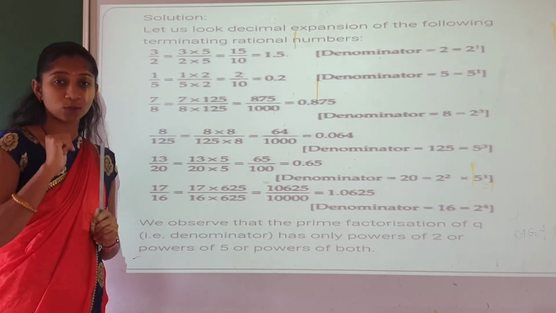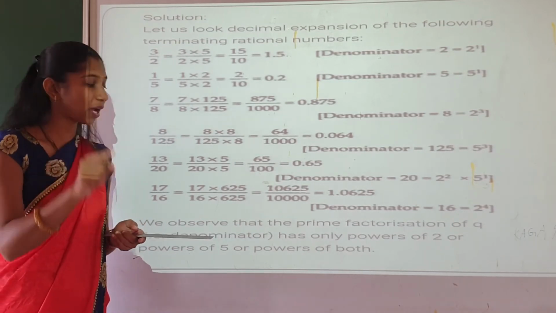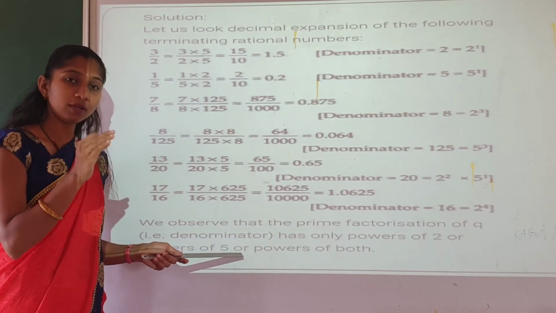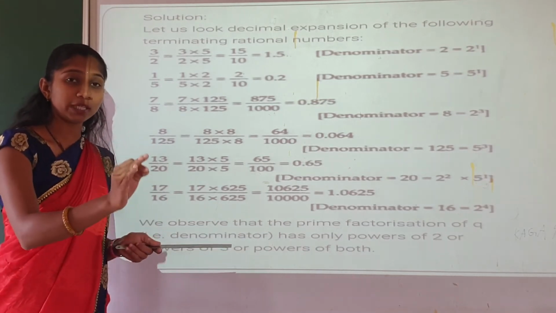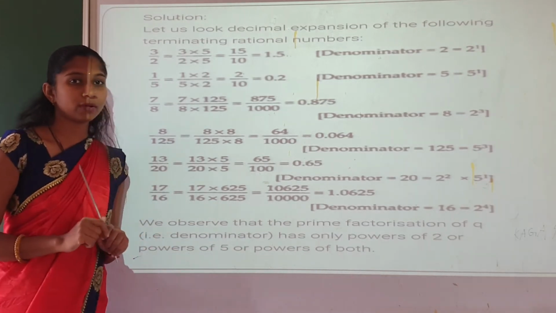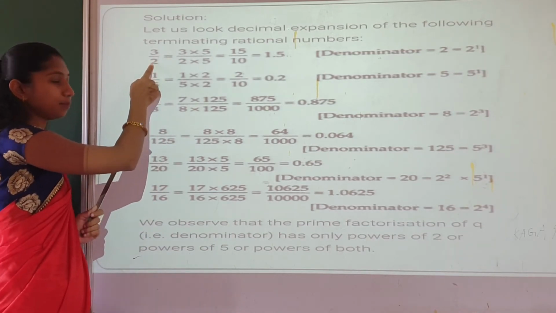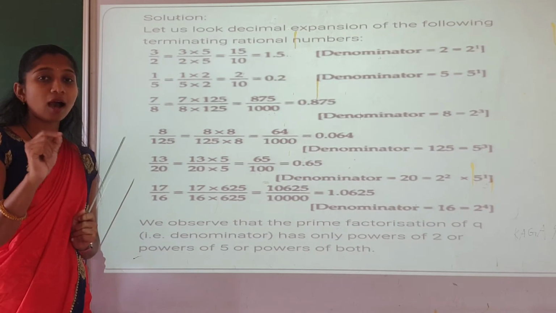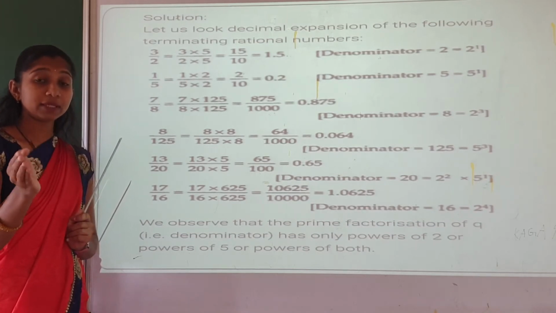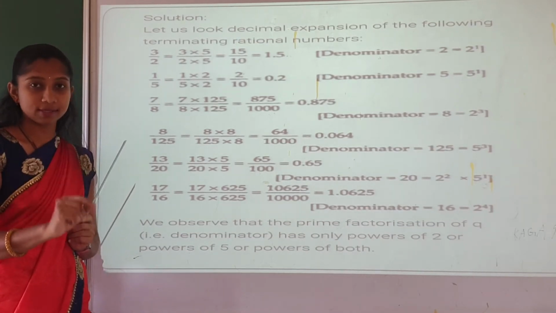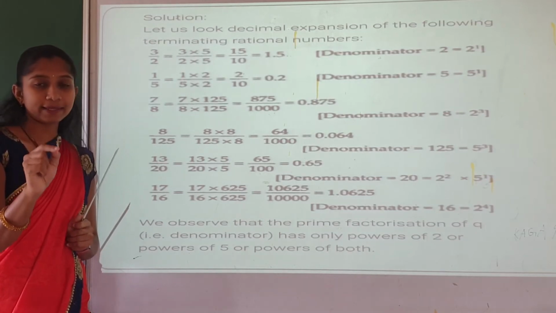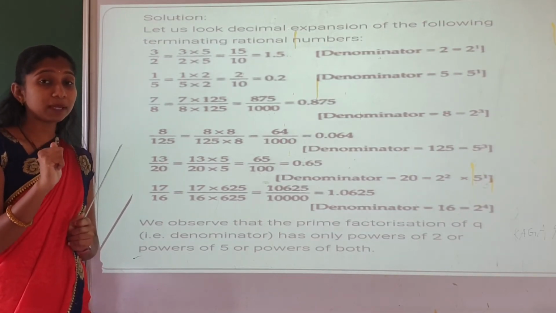Let's find out that rule. That rule is the final property for the denominator q. Let's identify. What's the first question? 3 by 2. 2 is the denominator, and to get 10 or 100, let's consider the smallest, that is 10. To get 10, how much should we multiply 2 by?